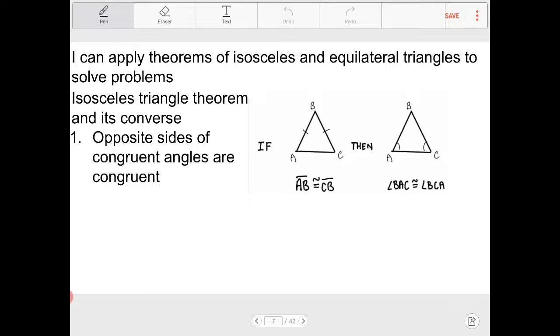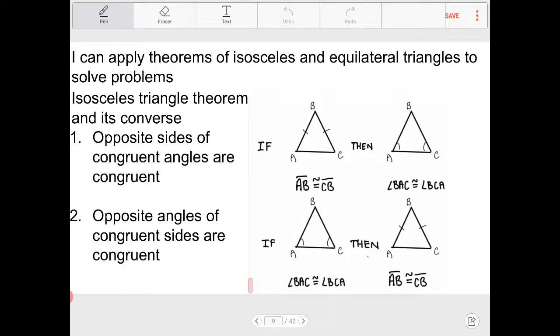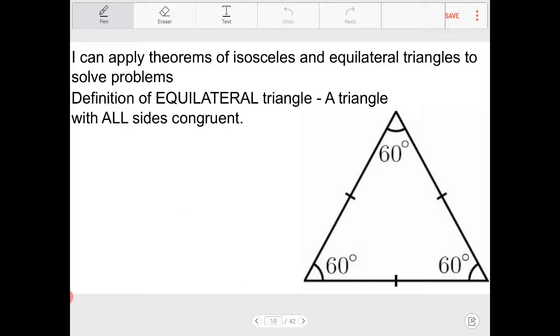That's what this is saying. The converse is the reverse of this: opposite sides of congruent angles are congruent. If you have two congruent base angles, then the two sides that they are opposite of will also be congruent.